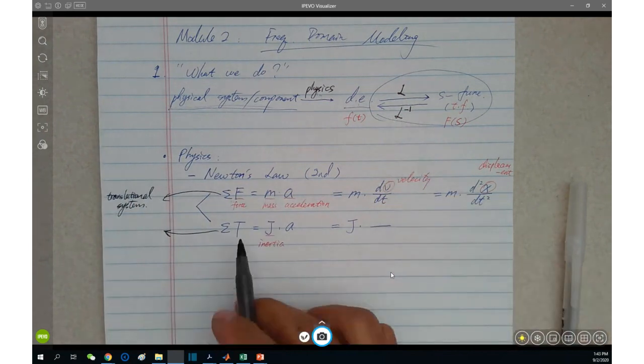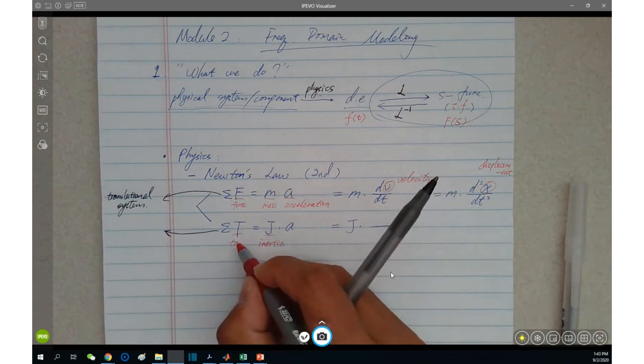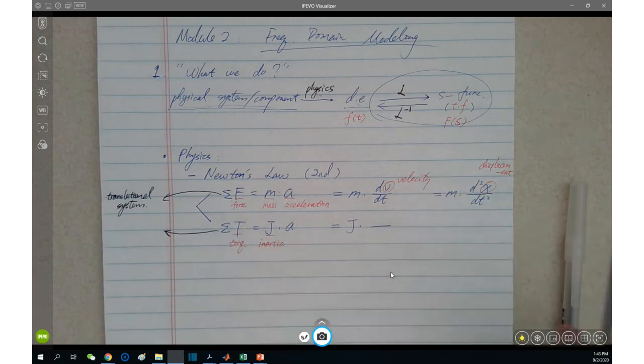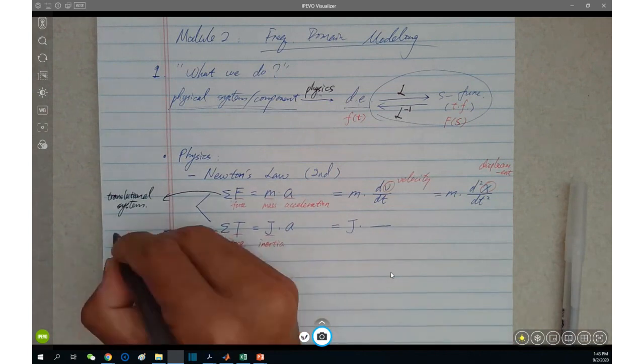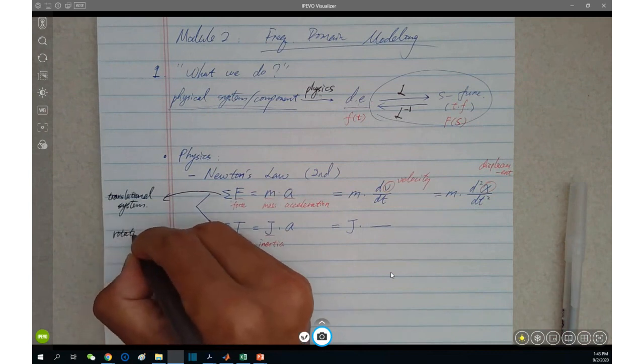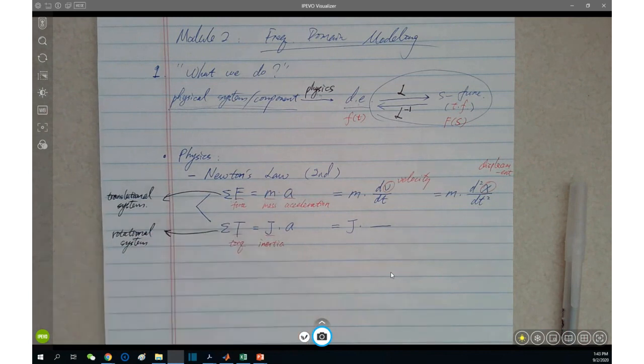The second one is not force anymore, it is torque, equal to inertia times acceleration. This is a rotational system.